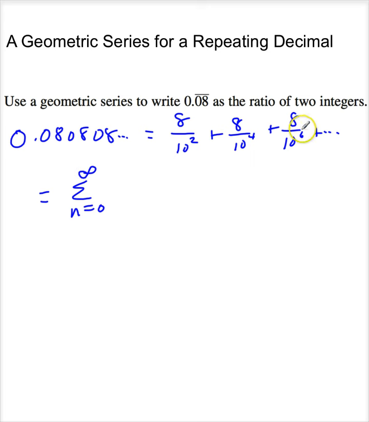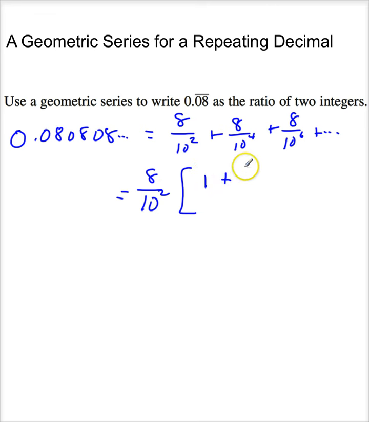Let me back up just a little bit and show you how to do this first. This is 8 divided by 10 squared, all right? So what am I left with? I'm left with 1 plus 1 over 10 squared plus 1 over 10 to the 4th plus.